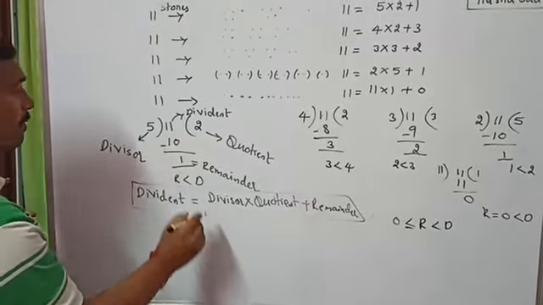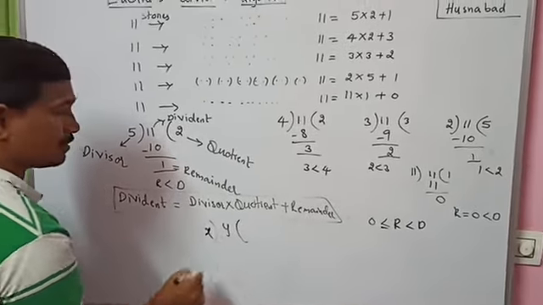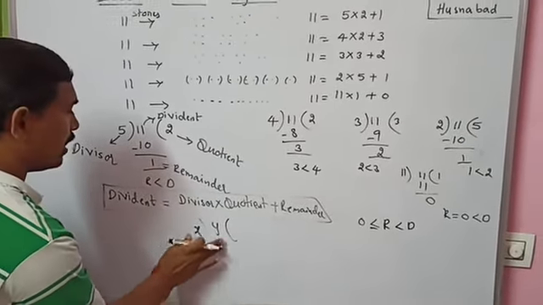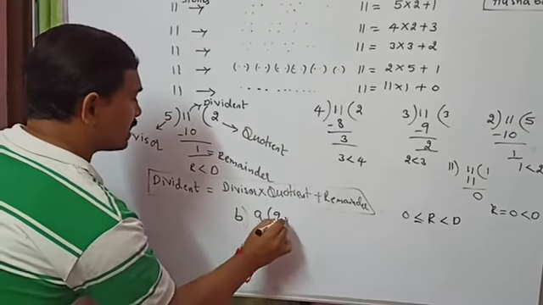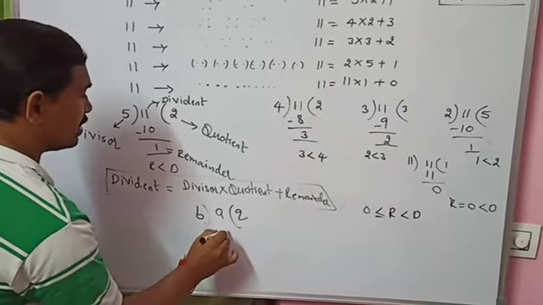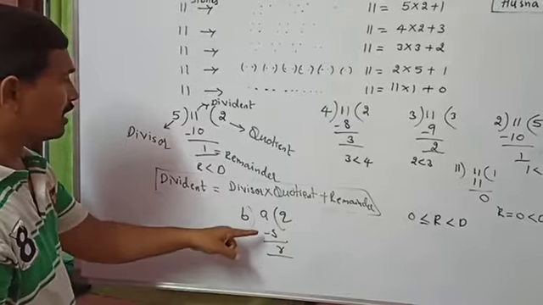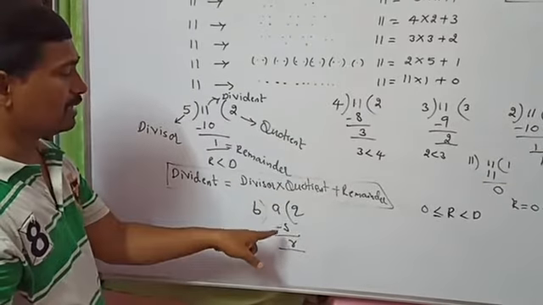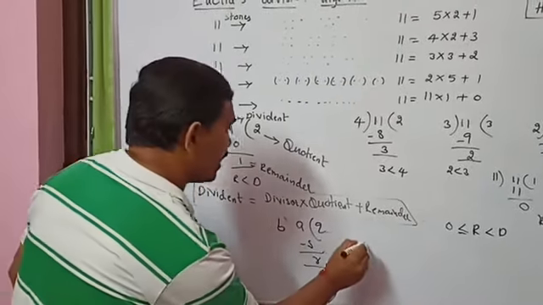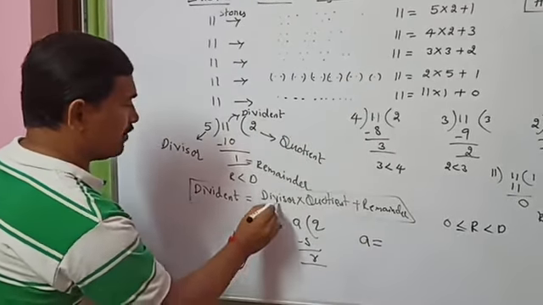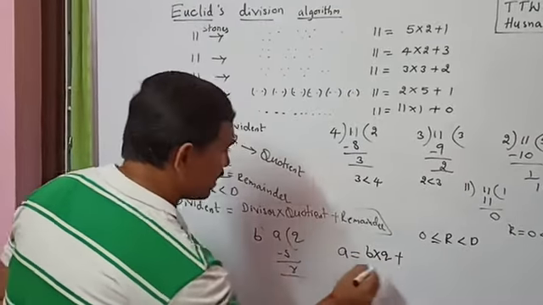Here, if you replace these values by variables, for example, I am dividing a with b, the quotient is q, and this is the remainder r. Here we were writing numbers, now I am writing variables. Apply this formula. What is the dividend? A. A equals divisor b into quotient q plus remainder r.